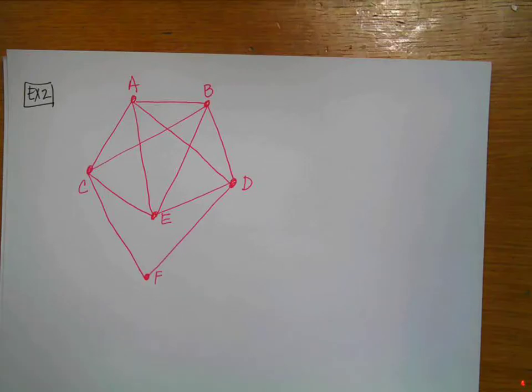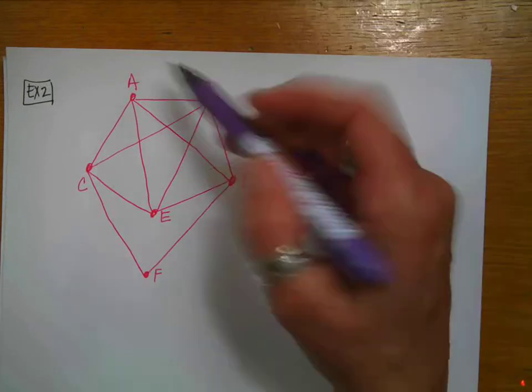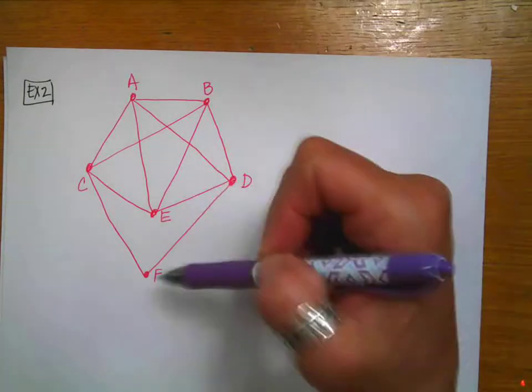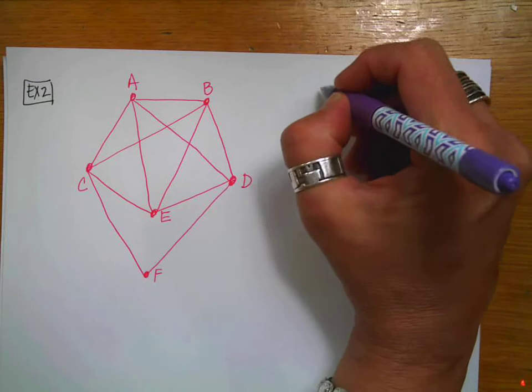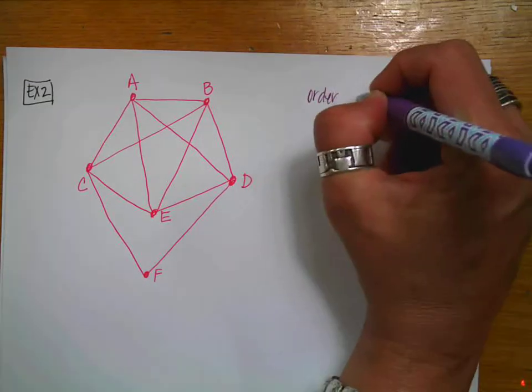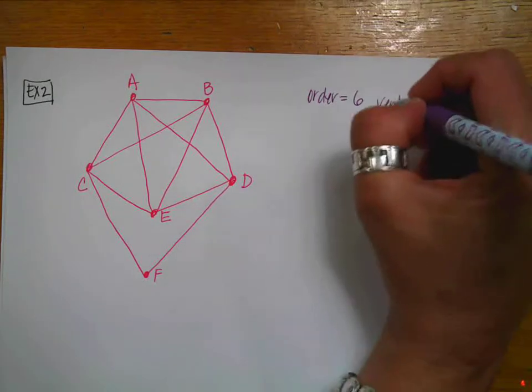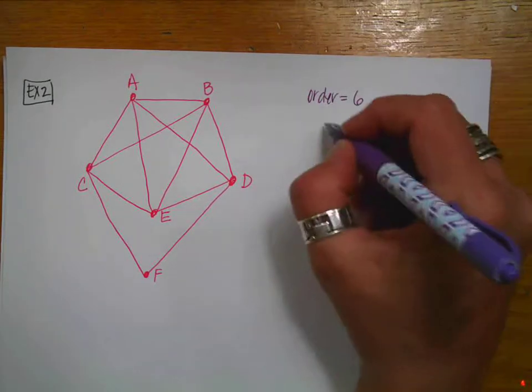Alrighty, so a lot of definitions. Let's go ahead and work through this example, and we're just going to talk about some of our vocabulary words. I have 1, 2, 3, 4, 5, 6, so the order of my network would be 6 because there are 6 vertices.